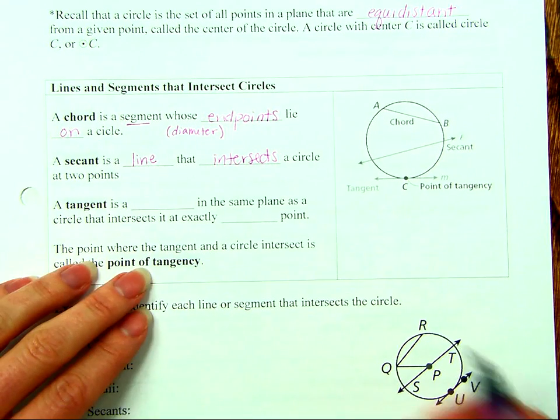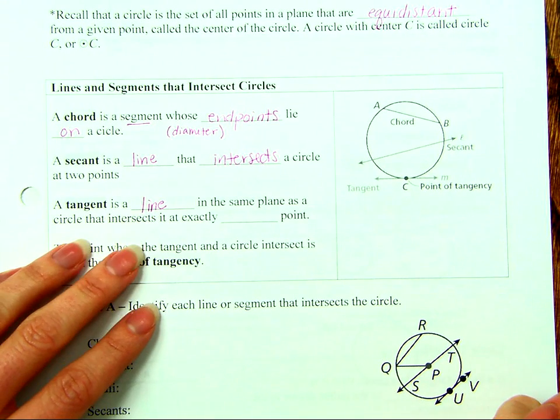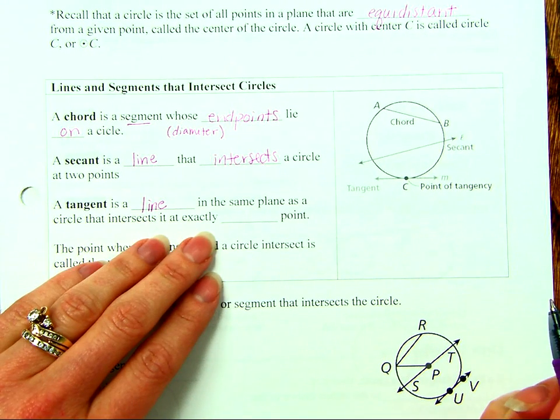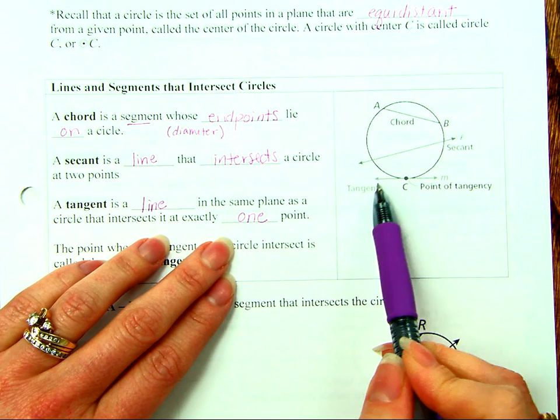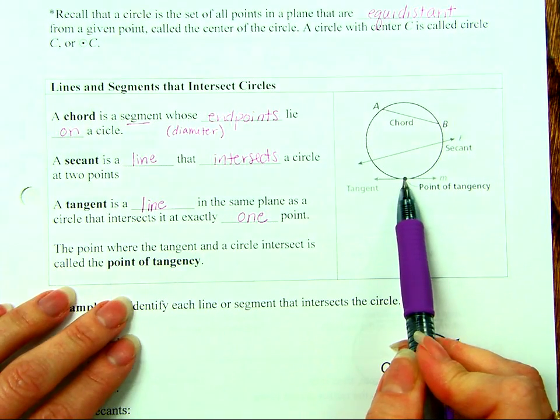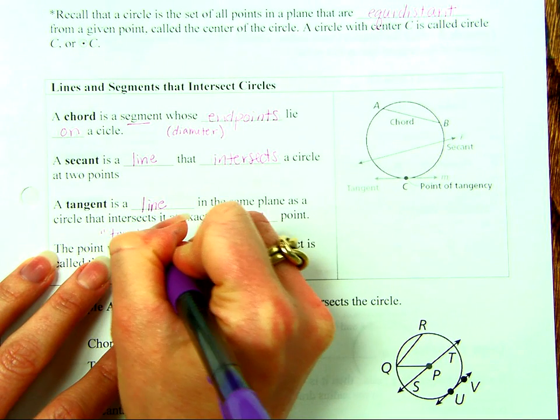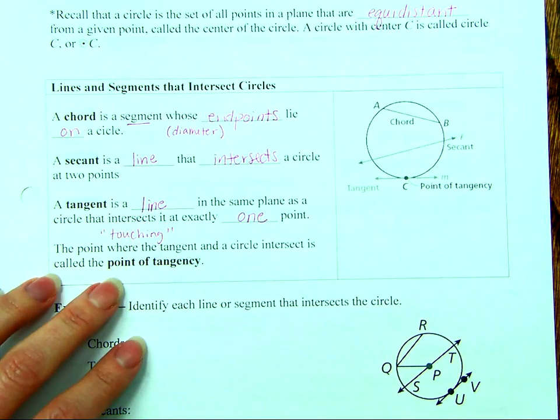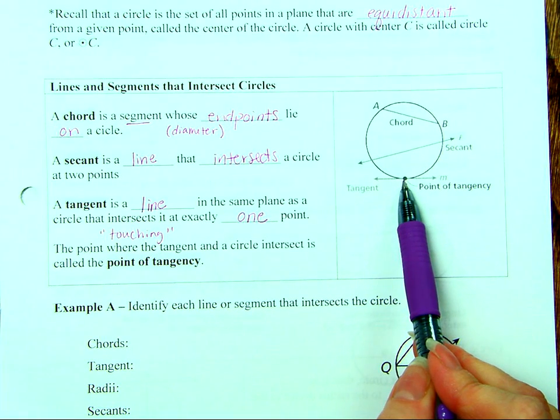A tangent is a line in the same plane as the circle, but it intersects the circle in exactly 1 point. Okay, my tangent line intersects only at 1 point. I like to think of the word tangent as just touching. And that place where that intersects the circle, they call that the point of tangency.